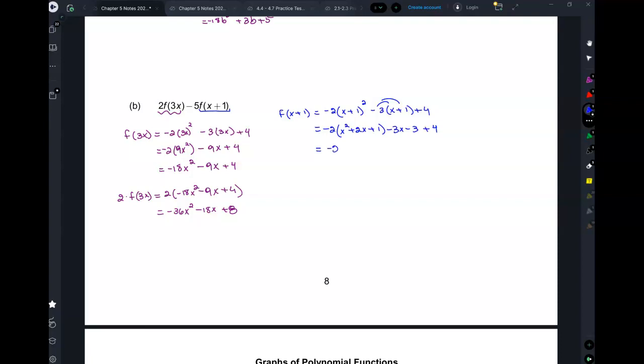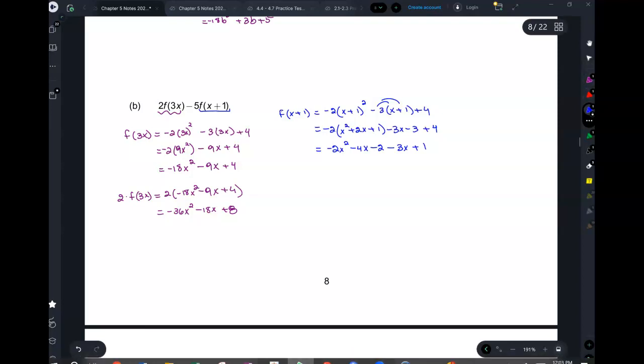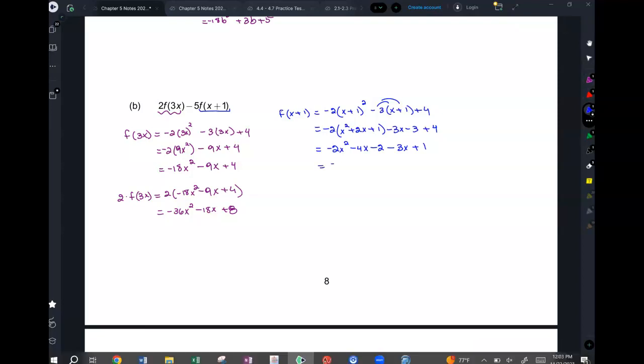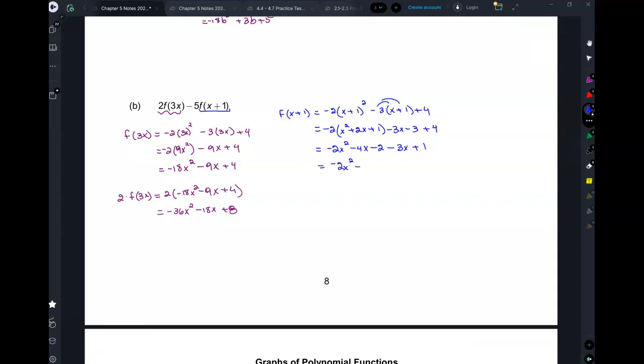This is negative 2x squared minus 4x minus 2, minus 3x plus 1. So, can we simplify that further? Yeah, negative 2x squared minus 7x minus 1.